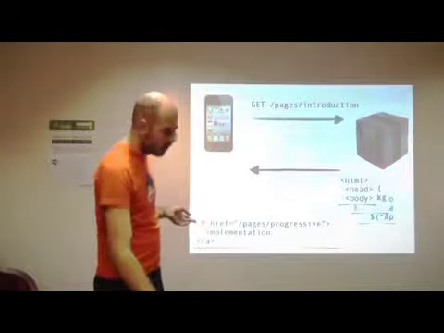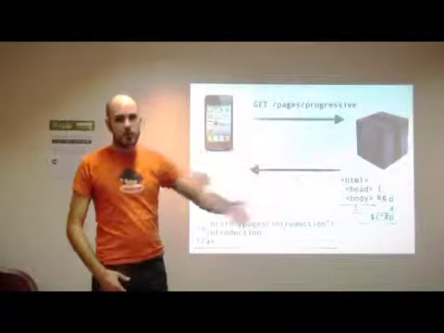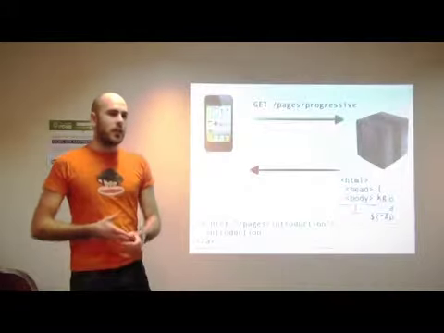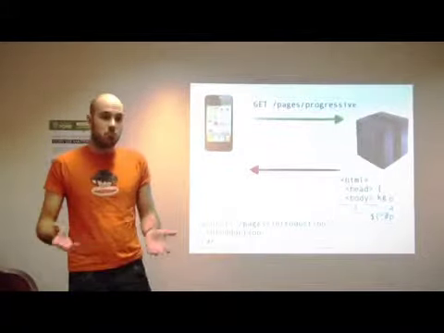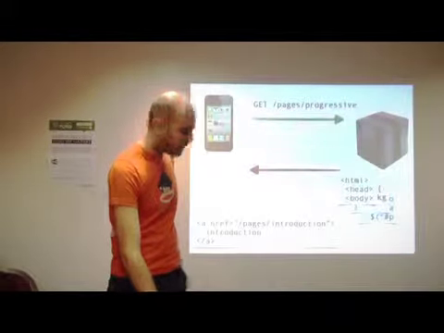So if you click that, your browser is just going to ask for the other page, and the server is going to say, okay, I have that page, and send you the HTML, the styles, and the JavaScript again. Fine, works. But we can make it faster.